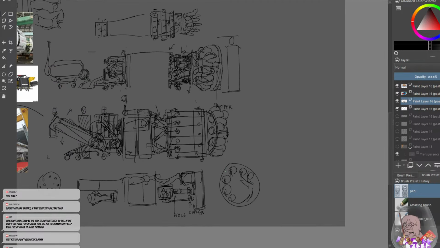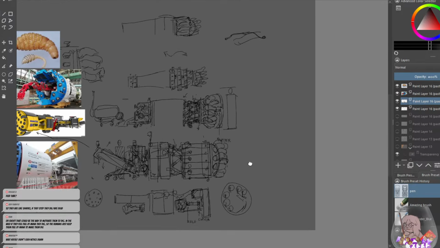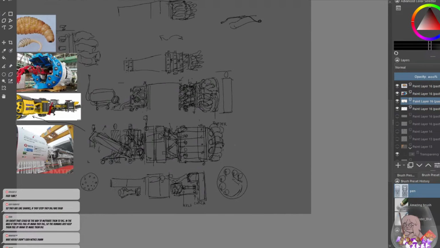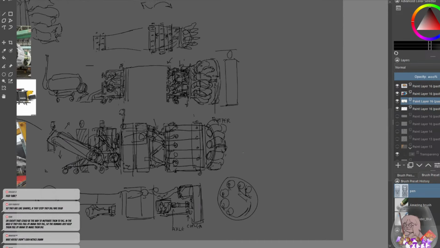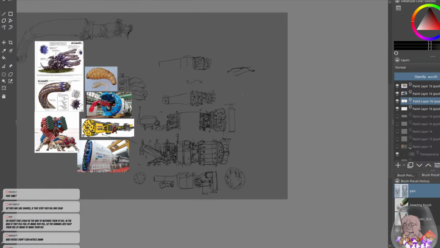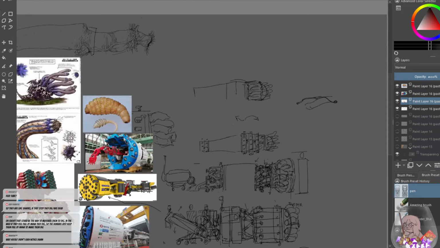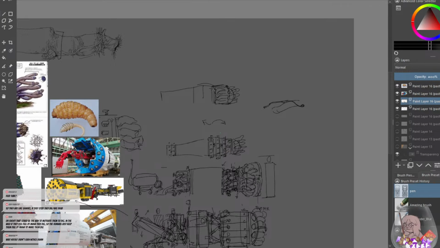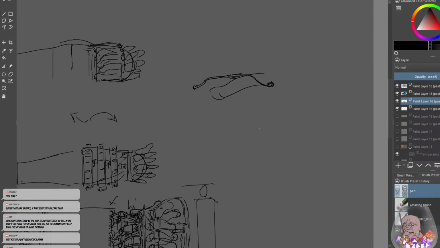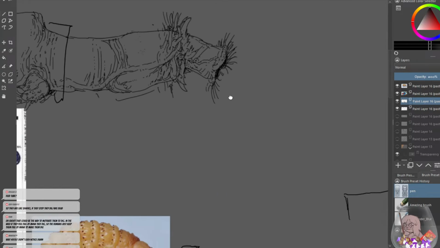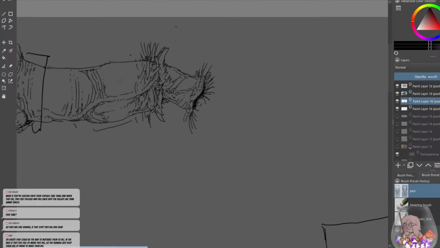Feeding tubes, yeah, we need feeding tubes too, right? How would we add feeding tubes? Just stab it into the side of their necks? I feel like that'd be fine. It'd be unrealistic to try and reach all the way around to the front of their mouth.